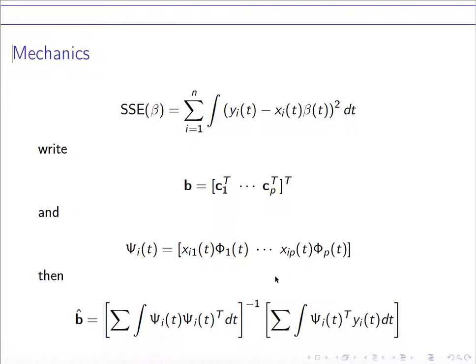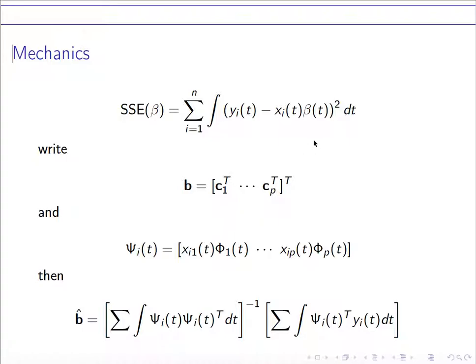To estimate the concurrent model, the idea is very similar to estimating the function-on-scalar model. Basically, we try to minimize the sum of squared errors, and because our response is a function, we minimize the sum of integrated squared errors, defined like this.